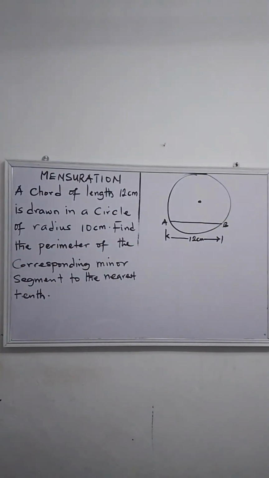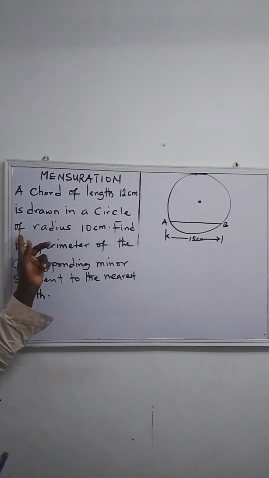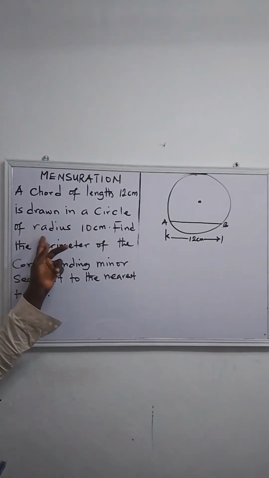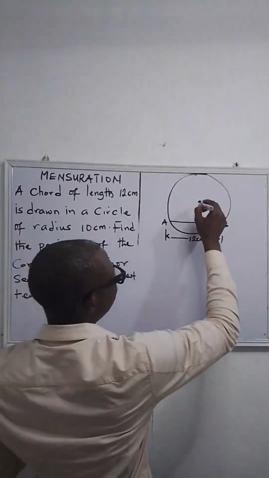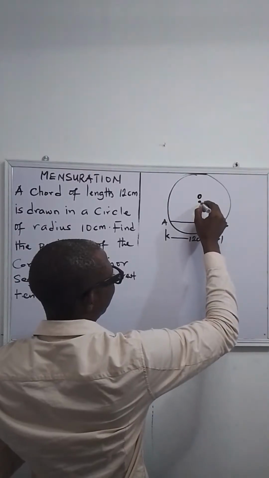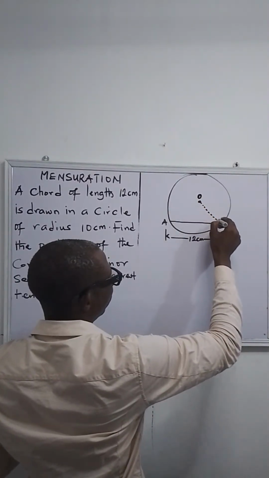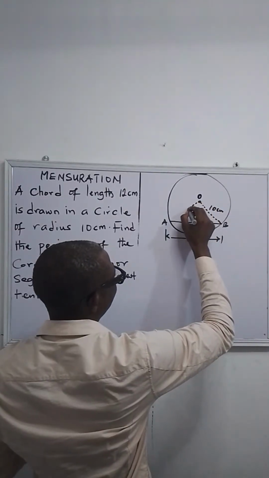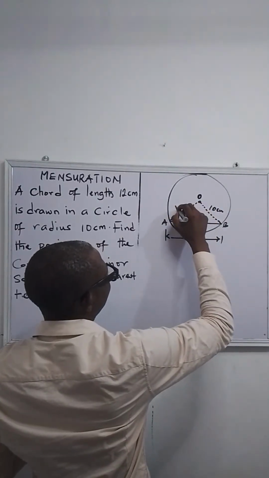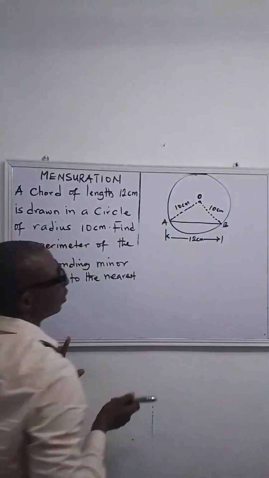Okay, so what else are we given? The circle has a radius of 10 centimeters. This is the center, let's call it center O. So we have the radius, which is 10 centimeters.